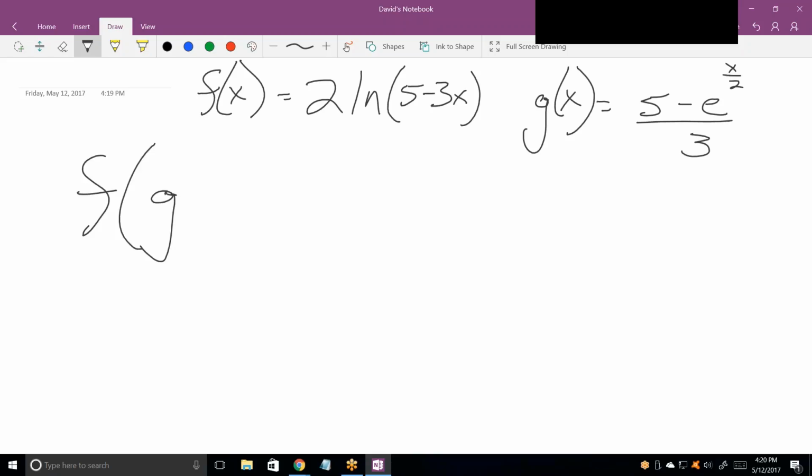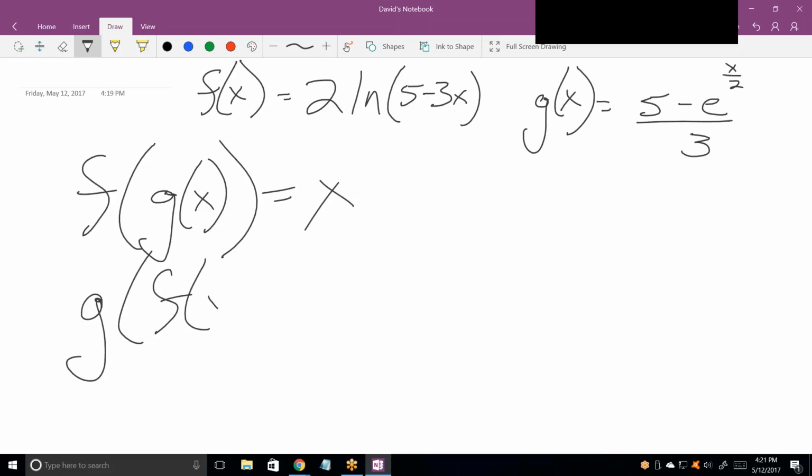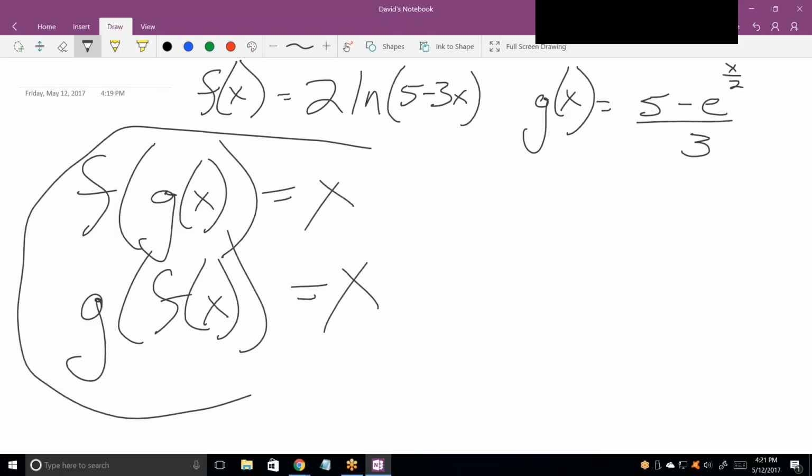This is the definition: f of g of x has to be equal to x, and g of f of x has to be equal to x. If and only if both of those are true is f the inverse of g, or vice versa.